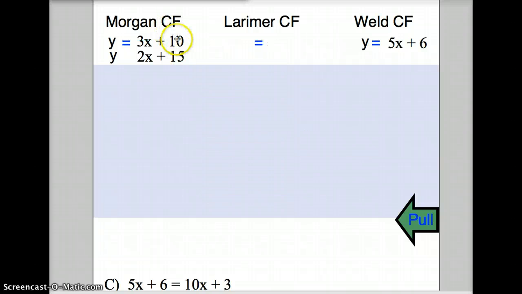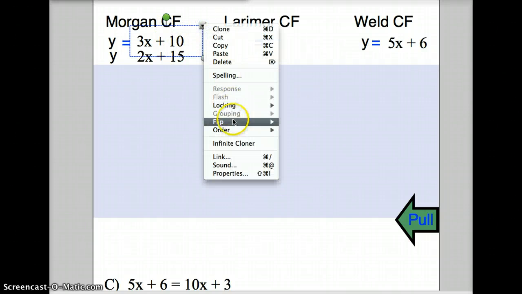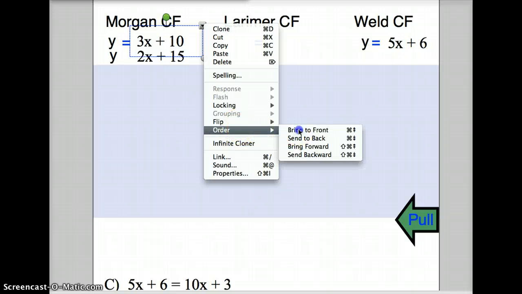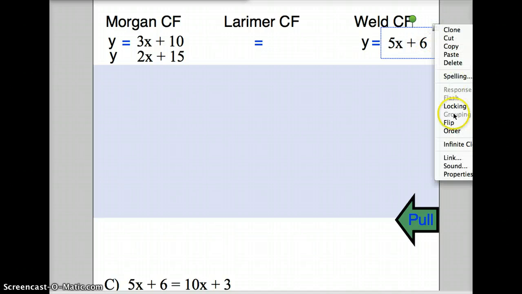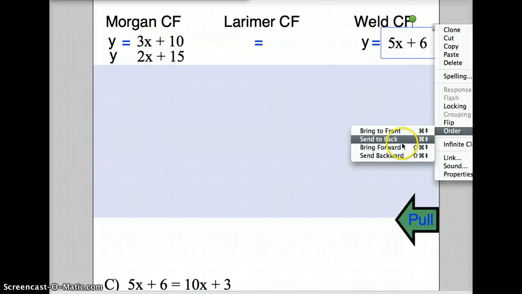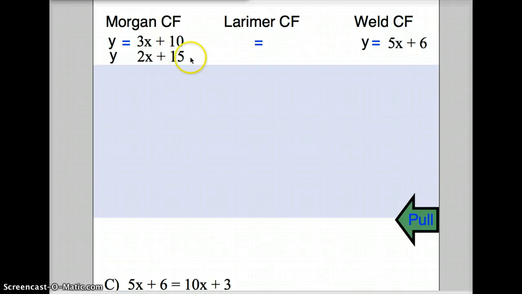I've got to just fix some of my ordering real quick here. Bring to the front. If we know that y equals y, then we know that this one here has got to equal this here.